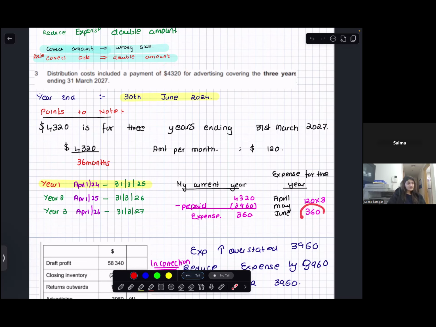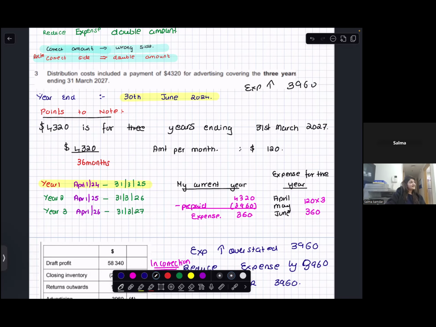My expense was 360. I included 4320. That means indirectly I am saying that the expense is overstated. By how much? Expense is overstated by the prepaid amount 3960.